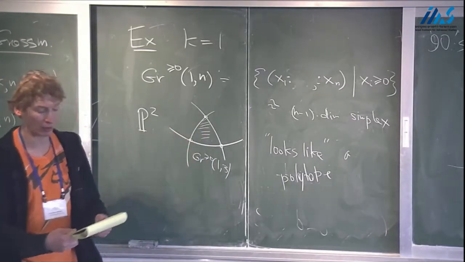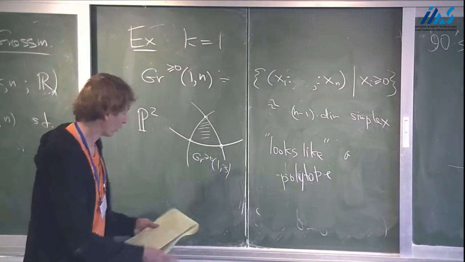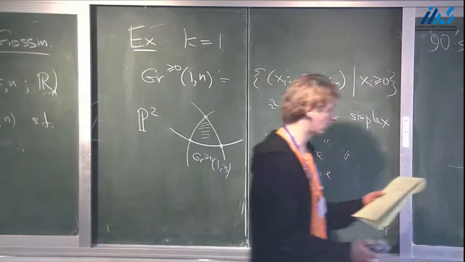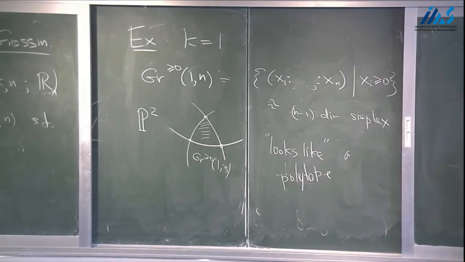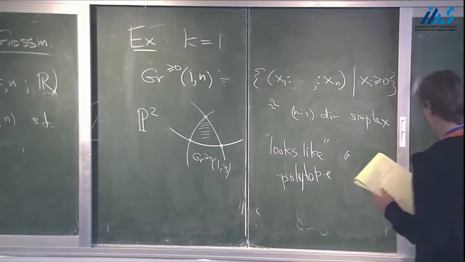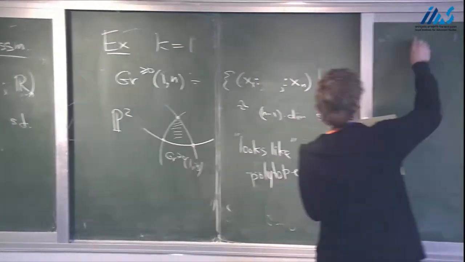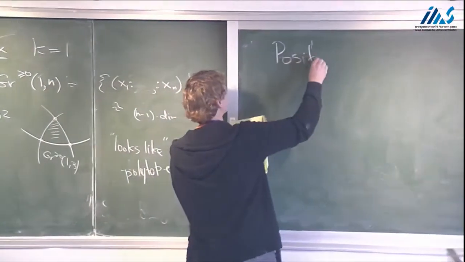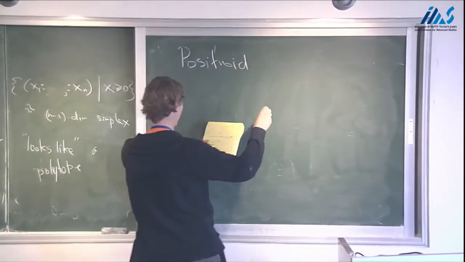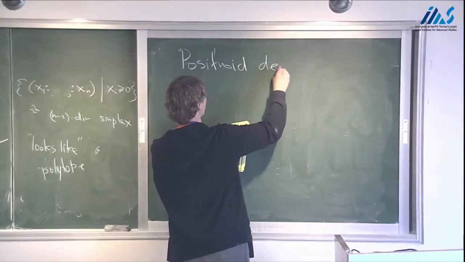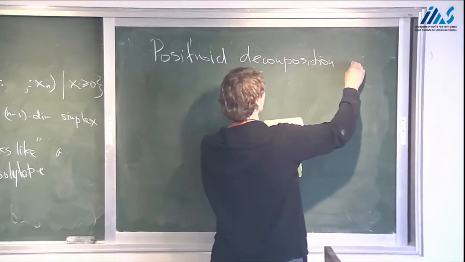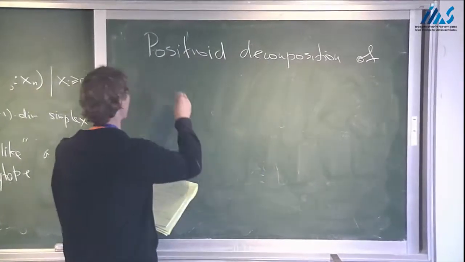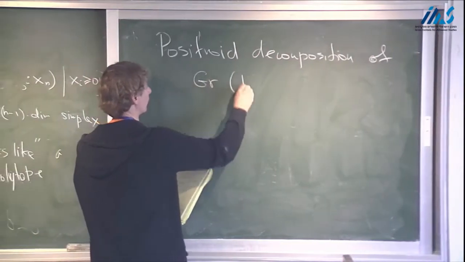In this case it's pretty simple, but you can do it in general, and you have this positroid stratification, or positroid decomposition, of the positive Grassmannian Gr(k,n).